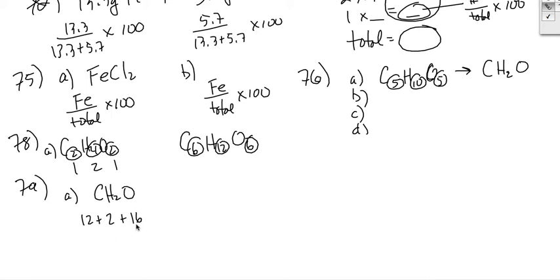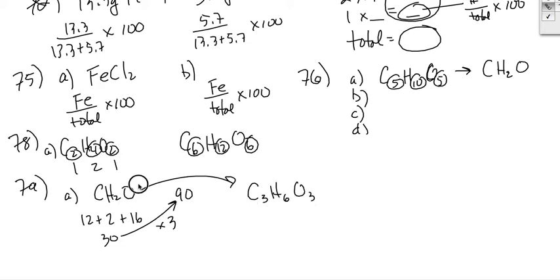That's 30, right? But it says the actual mass of our compound is 90, which is 3 times that. So our actual formula must be C3H6O3. Just multiply all of those by 3. Okay?